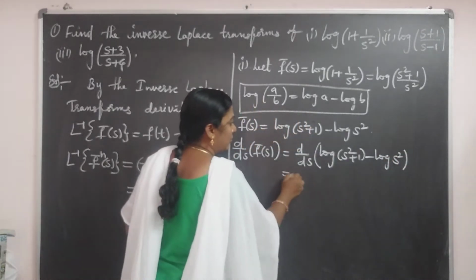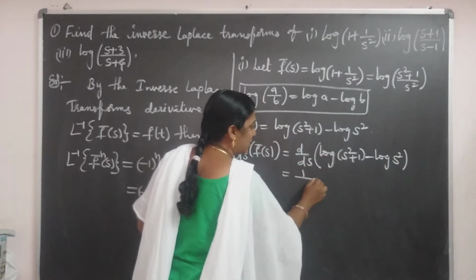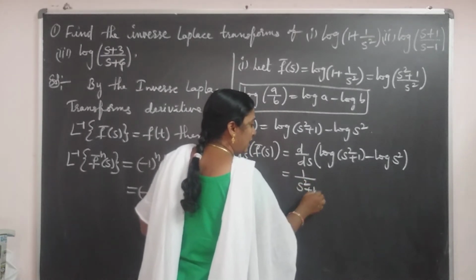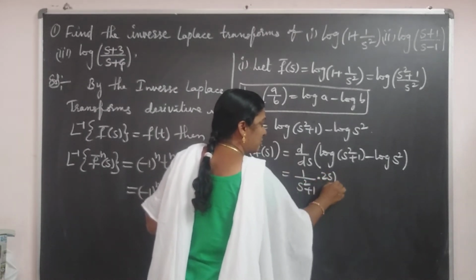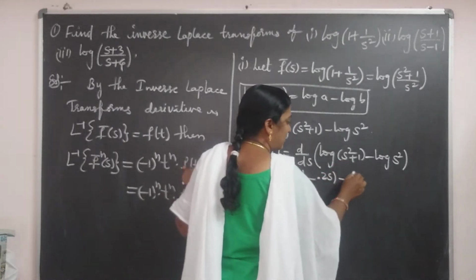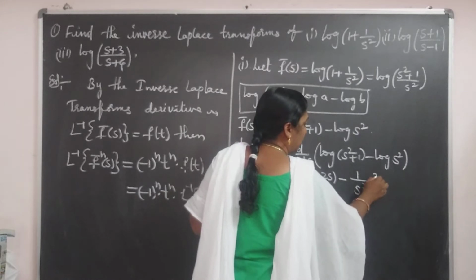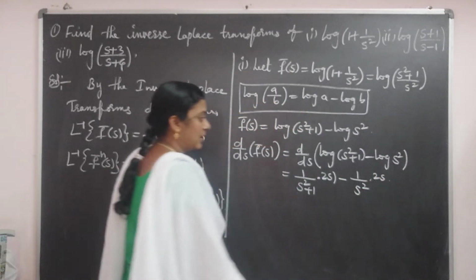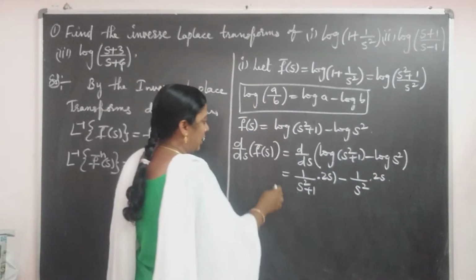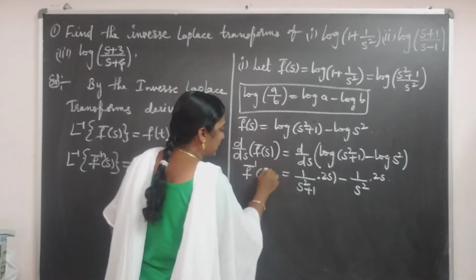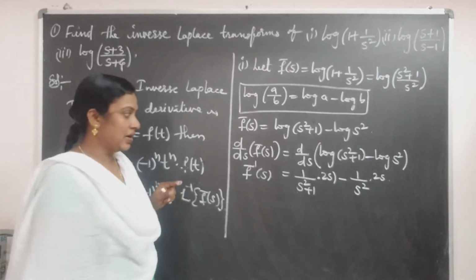That is equal to, log s derivative is 1 by s, that is 1 by s square plus 1, again s square plus 1 derivative is 2s. The same way for the second function, 1 by s square into 2s. This is nothing but f bar dash of s, that is the first derivative of the function.